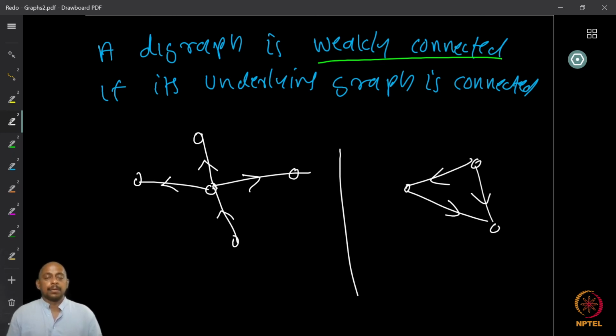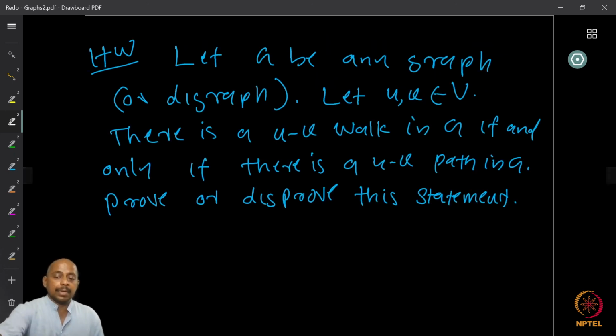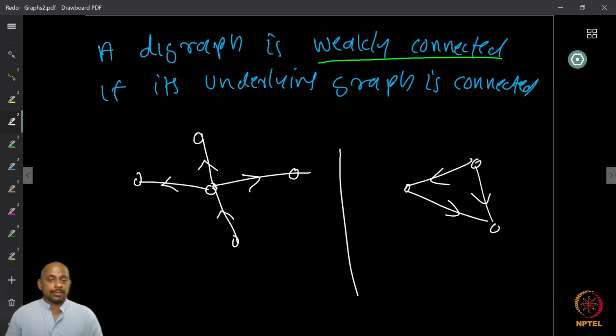And then you can allow passing in the other direction. It's not an excellent example or anything, but it shows why weak connectedness can be useful sometimes. So a strongly connected graph is of course weakly connected, right? Because if you can go in the directed graph, you can always go in the undirected graph.